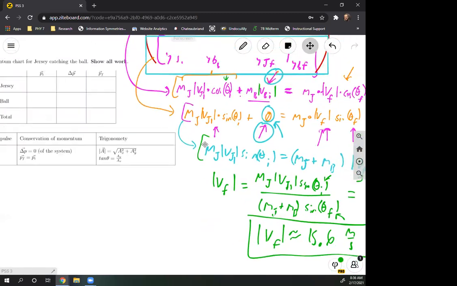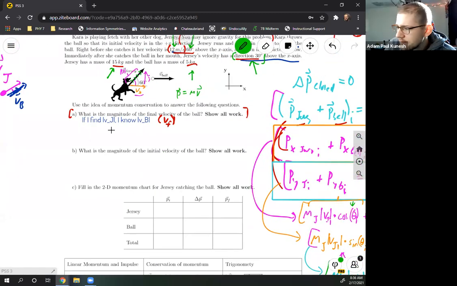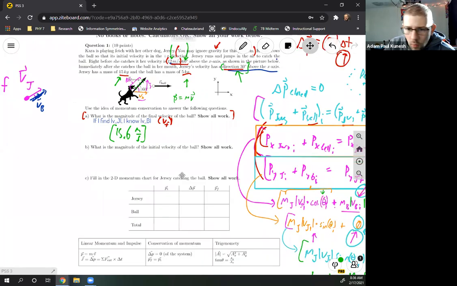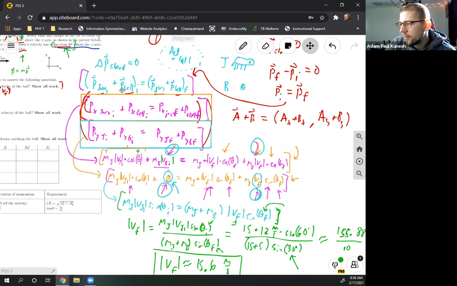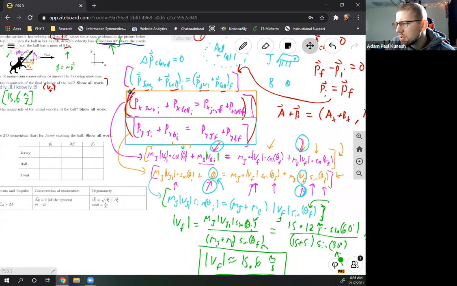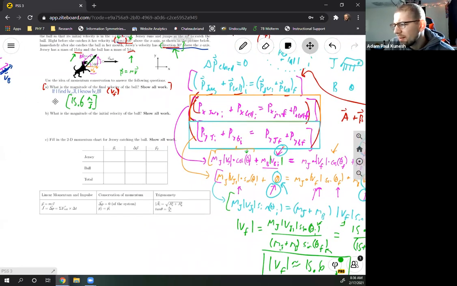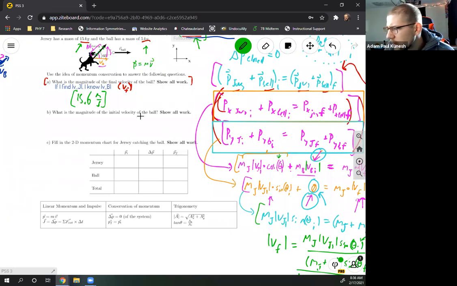Cool. All right, 15.6 meters per second. Okay, so we've done all this backlog of work already to find all these more theoretical expressions. So we're finally ready now to find the initial velocity of the ball.